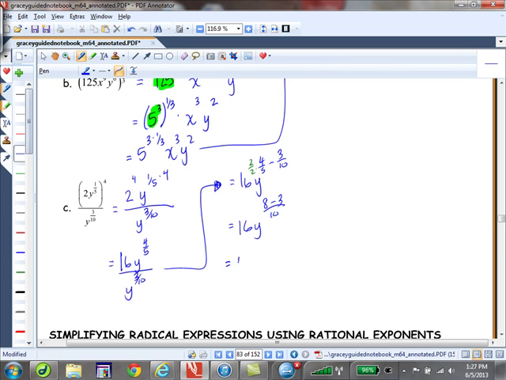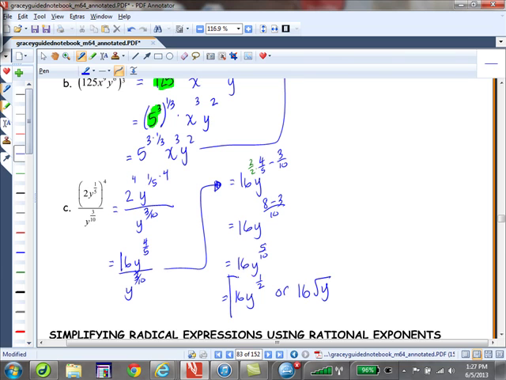So that'll be 16y to the 5/10, but we can reduce that to 16y to the 1/2. Or you could write this as 16 times the square root of y.